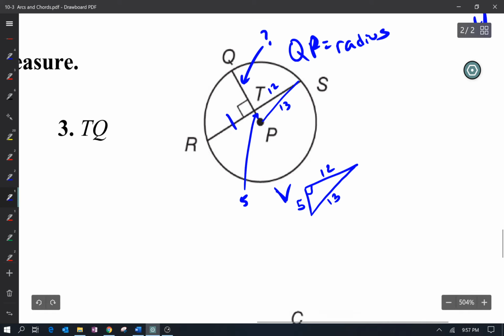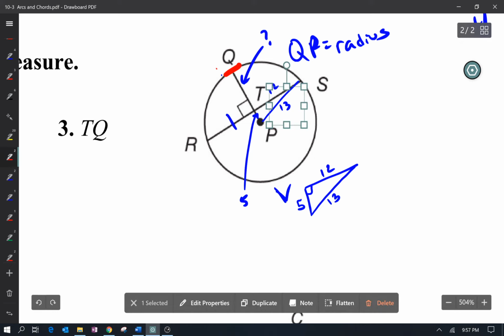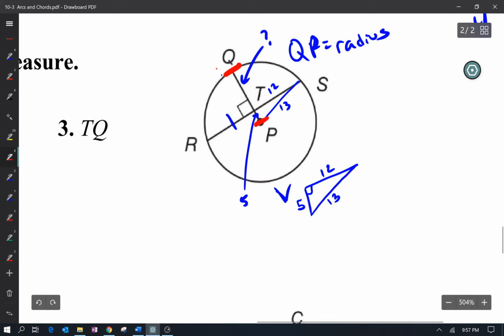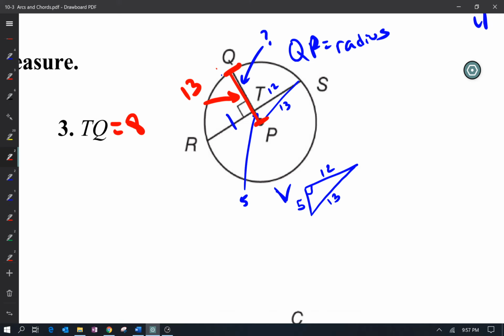So QP must be 13. So see what I'm doing here. I'm going to draw this in red, right? From here to here, right? That line right there is 13. So if the whole line's 13 and TP is 5, then TQ must be 8. So they're going to hide information from you. Be careful with that, all right?